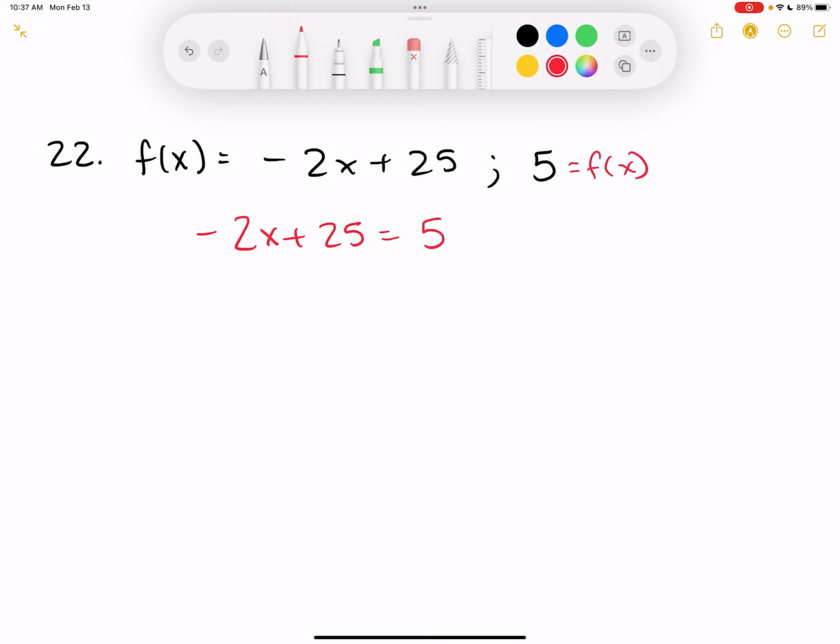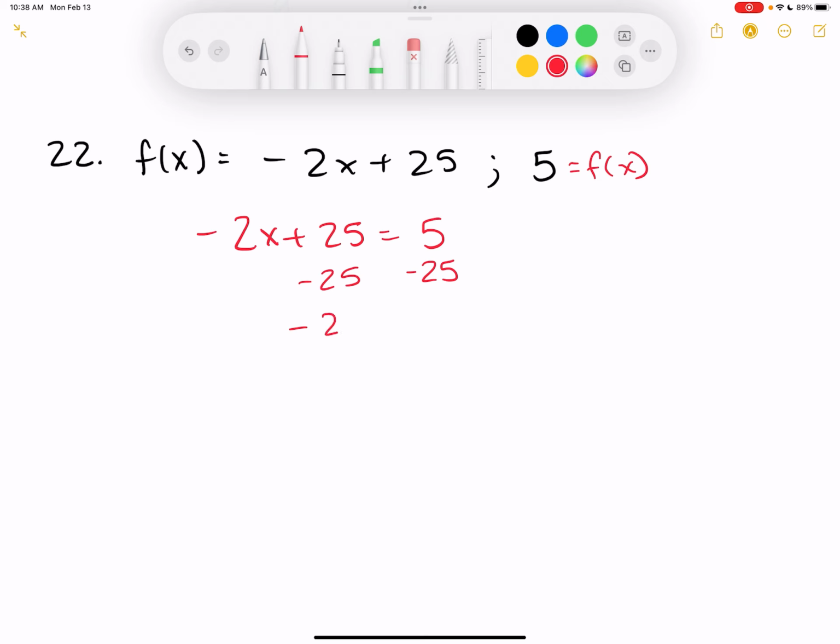Have we gotten an answer? What did we get? X equals 10. 10? Is that what everybody got? You got negative 10? Alright, let's see. I haven't worked it yet, so let's check. Alright, so we set it up equal to 5. So I'm going to subtract 25.